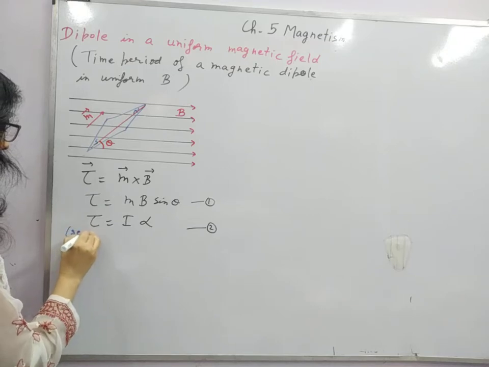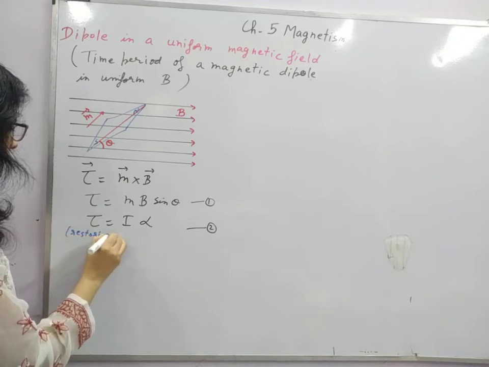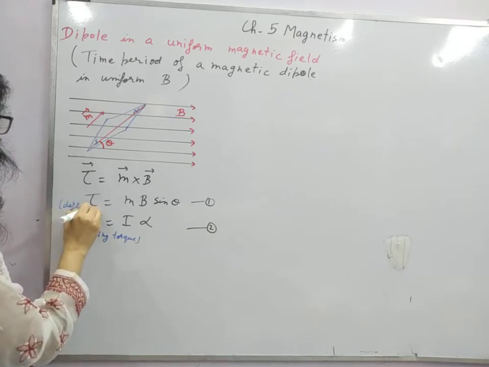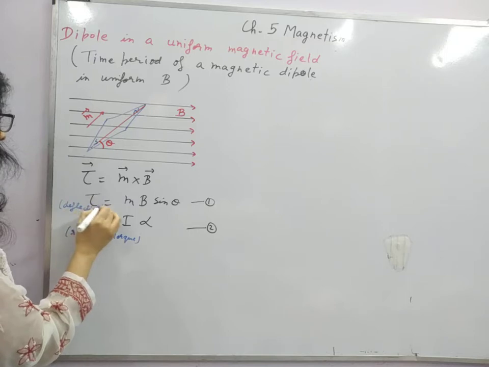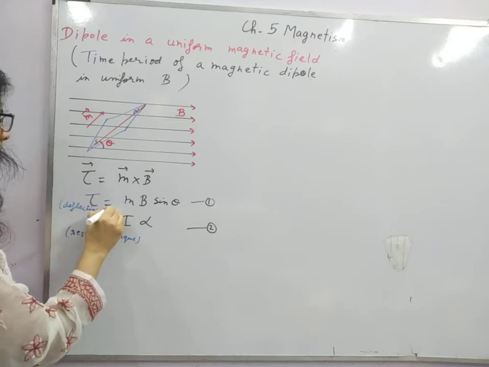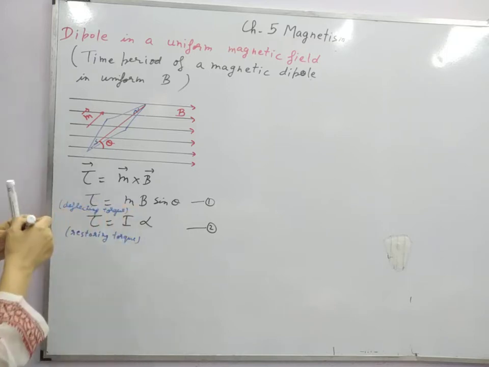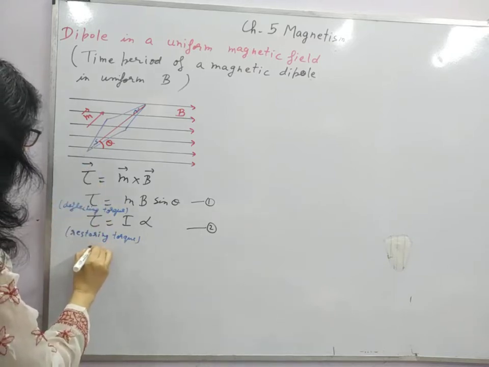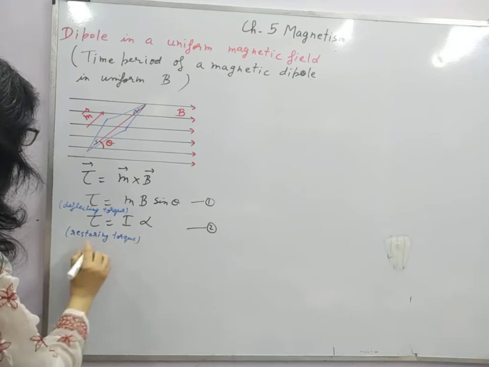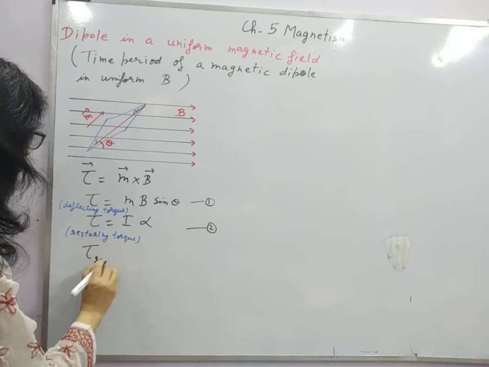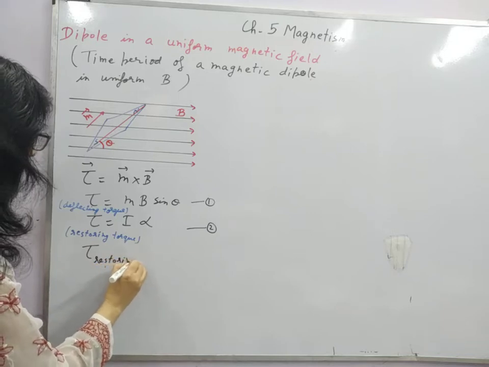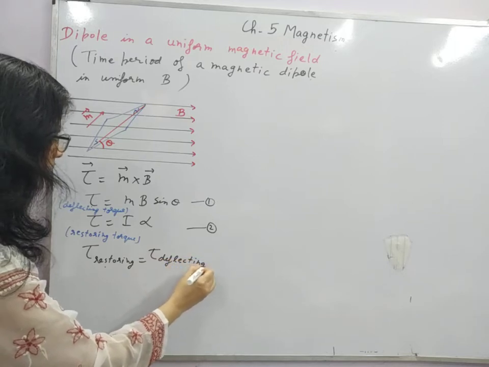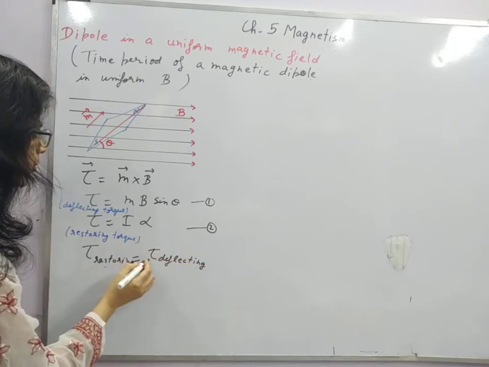You can write this as restoring torque and this as deflecting torque, right? So deflecting and restoring are opposite. So I can write that tau restoring is equal to tau deflecting, but opposite, right?